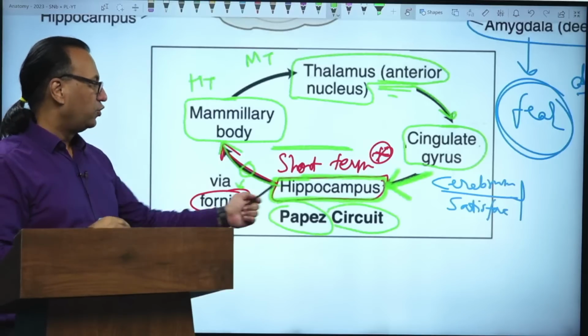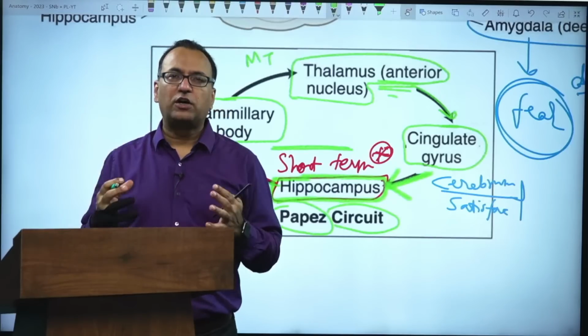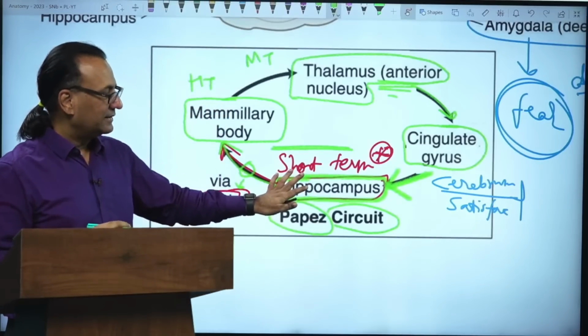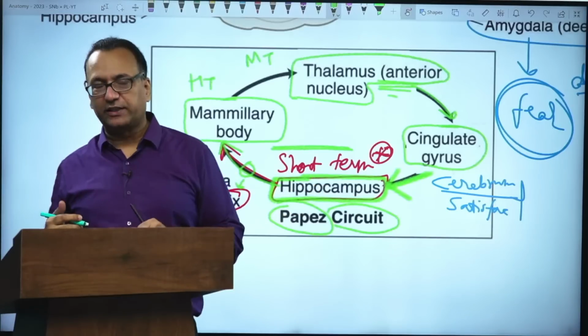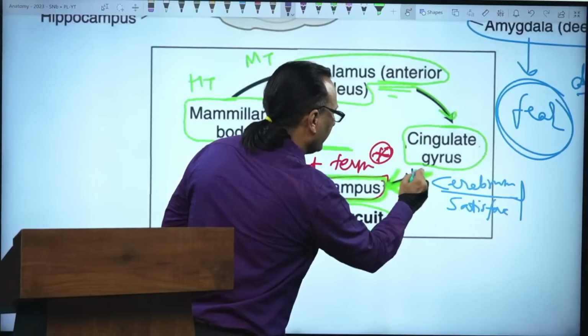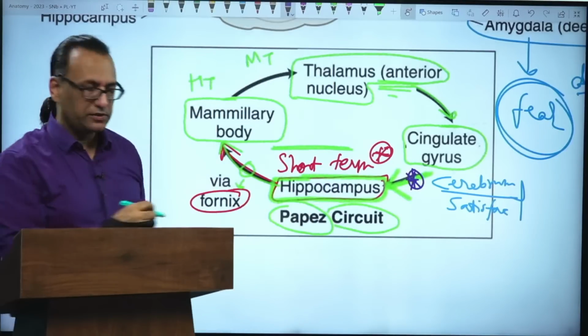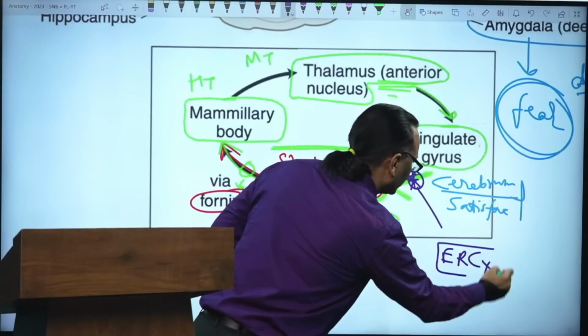So it is a neural loop, goes around and strengthening your memory and your behavior, your emotions, and your smell also relates here, which is missing from here. You can add here, after cingulate gyrus and before hippocampus, there is entorhinal cortex. Entorhinal cortex.